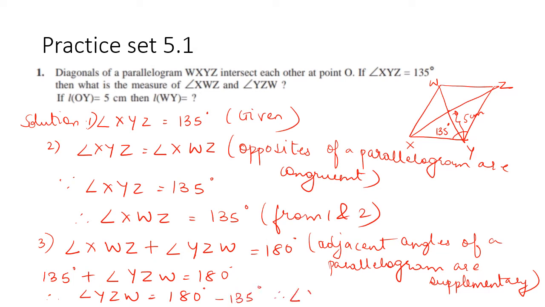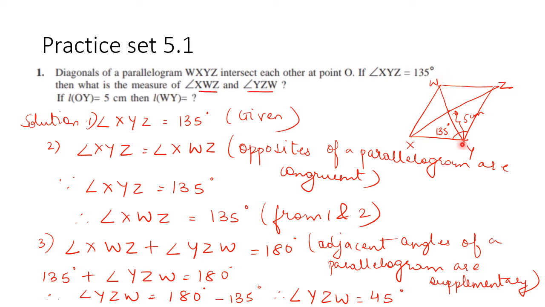Therefore, angle YZW is equal to 45 degrees. So we have found the measure of these two angles. Now, they have asked about OY, which is 5 centimeters; you have to find out the entire WY.